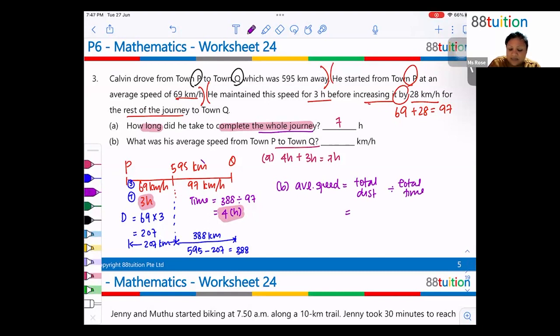So total distance, we know that it is 595. It's given to us. The total time taken is what we found in part A, which is 7. So this gives us 85. So the average speed for the whole journey would be 85 kilometers per hour.